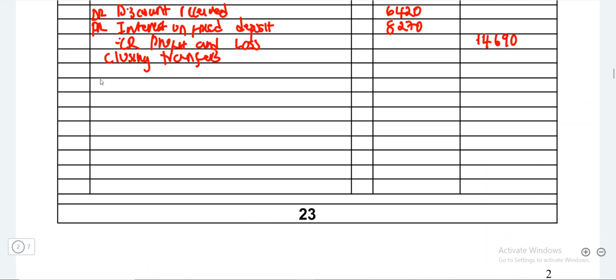So remember, we said that we are going to debit profit and loss. So we debit profit and loss, and then we credit capital.